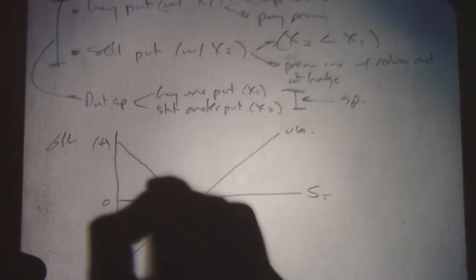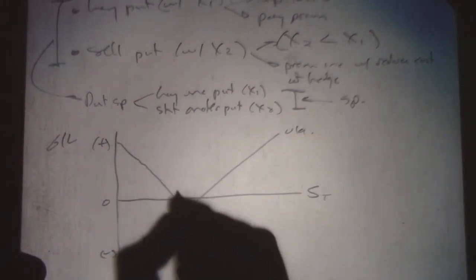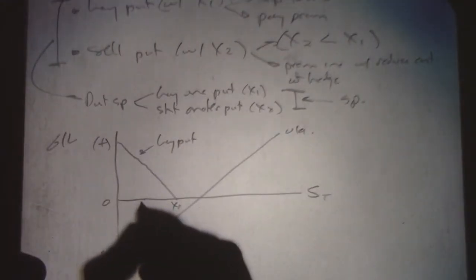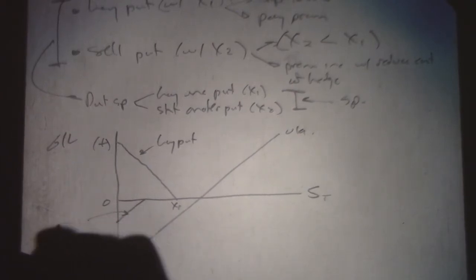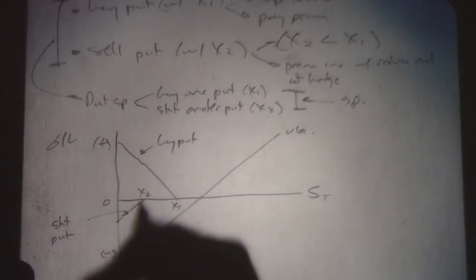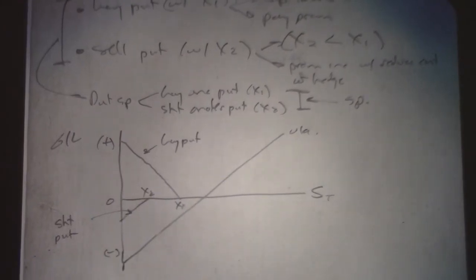But then what we're going to do is, here's our X1. And who's this guy? That's our long put and short put. There you have it. Happening at X2, right? So let's see how this looks.